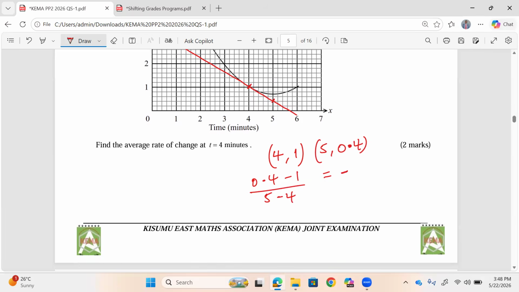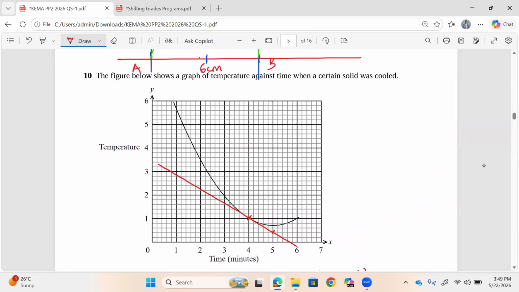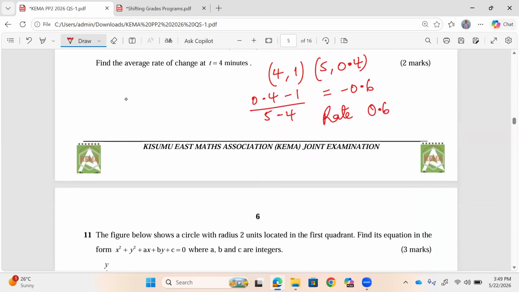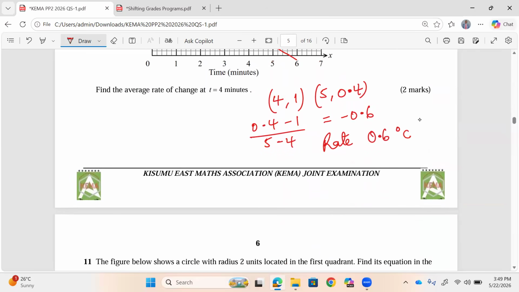You're getting negative 0.6. Then out of 1, it remains negative 0.6. So the rate of change is a decrease. The temperature is decreasing at a rate of 0.6. The temperature is in which units? Should be degrees Celsius. So the rate is 0.6 degrees Celsius per minute. A very good question.